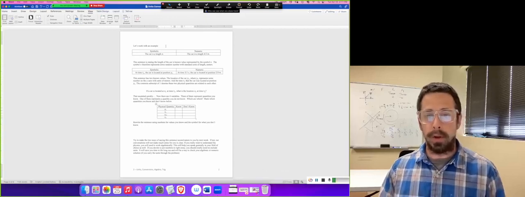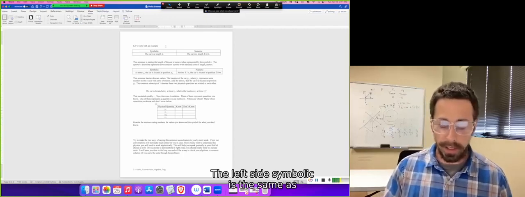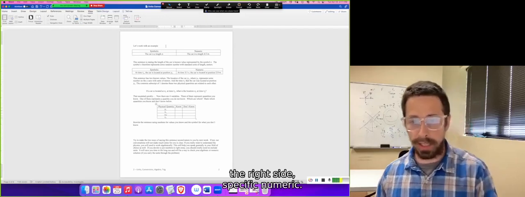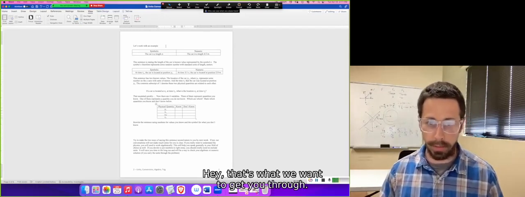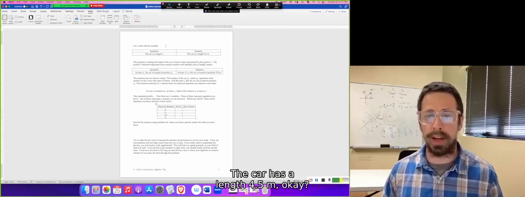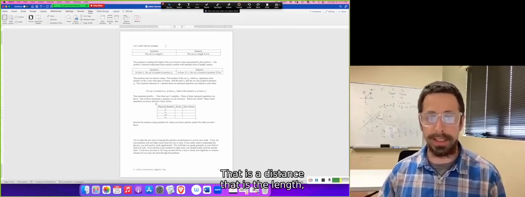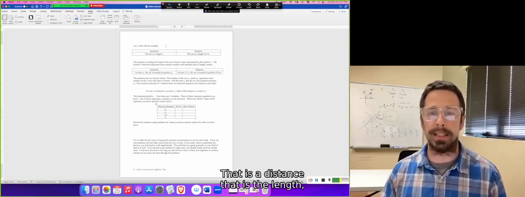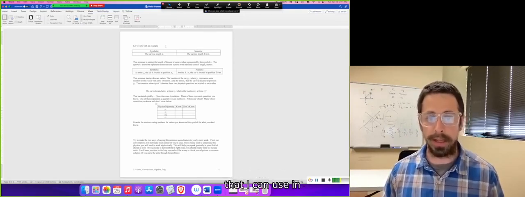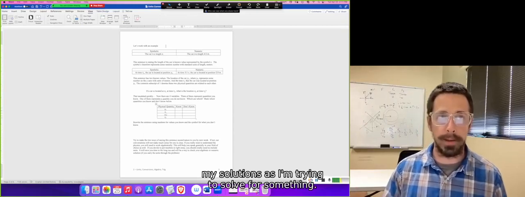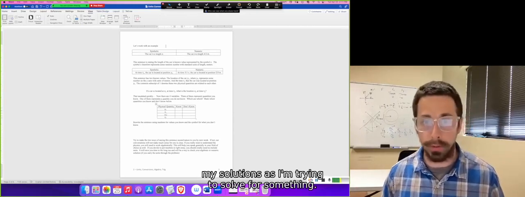Okay. The left side symbolic is the same as the right side specific numeric. Okay, that's what we want to get you through, right? The car is a length 4.5 meters. Okay, that is a distance, that is a length, that is some sort of x variable, right, that I can use in my solutions as I'm trying to solve for something.